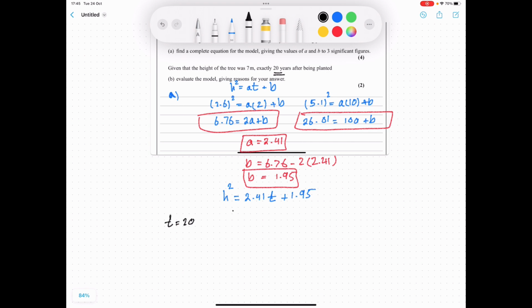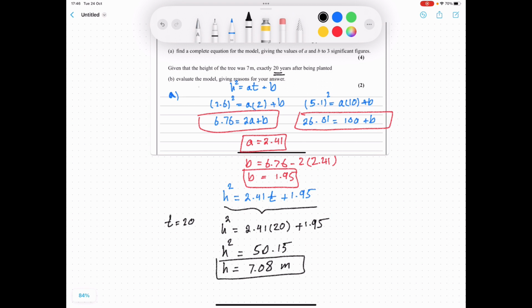So we have the equation with known a and b. h squared is equal to 2.41 times 20 years, plus 1.95, and h squared would be equal to 50.15. Therefore h would be equal to 7.08 meters.